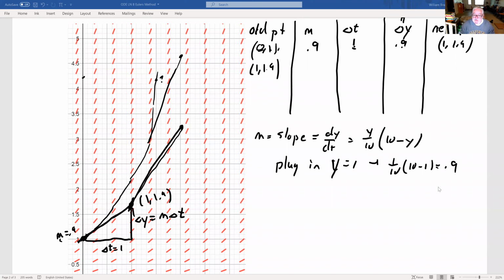Okay, so what's our new slope at this point? We plug in y equals 1.9, we get 1.9 over 10 times 10 minus 1.9. That should give us 1.529, I think.